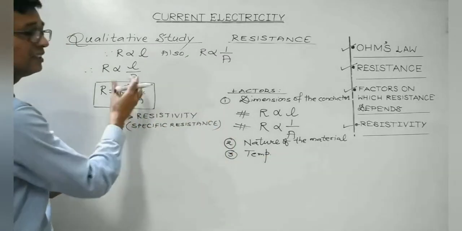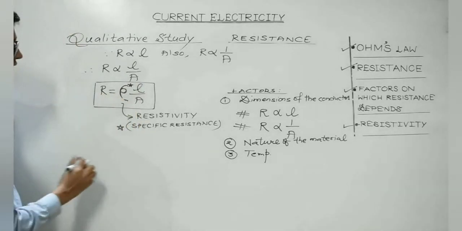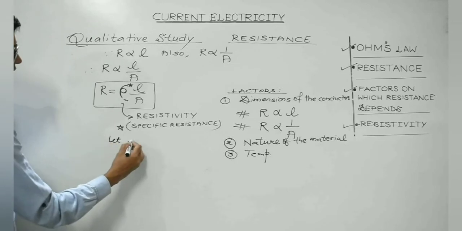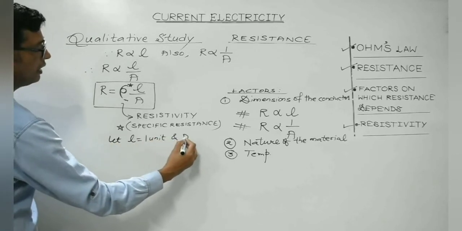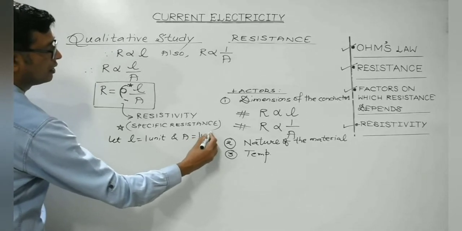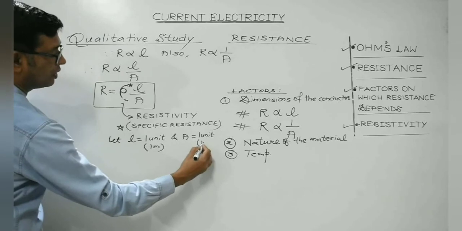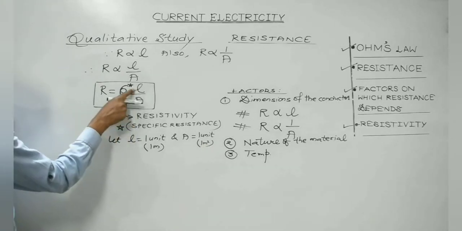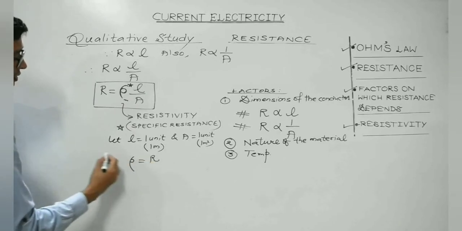So it characterizes the electrical behavior. So mathematically, how do you define it? Let L equal 1 unit and A equal 1 unit. In SI, length would be 1 meter and area would be 1 meter square. Then rho would be equal to R.